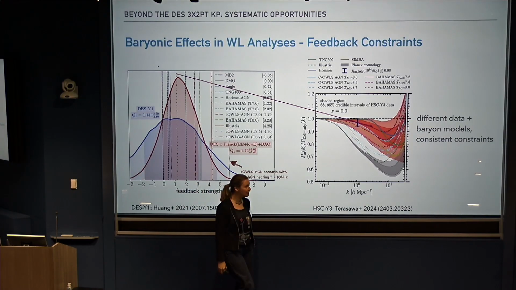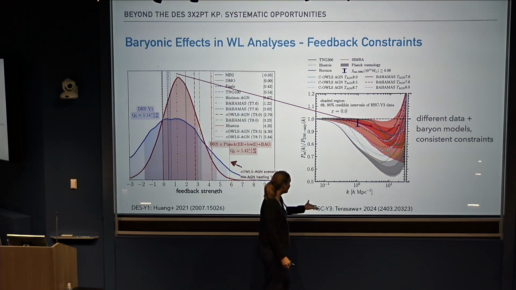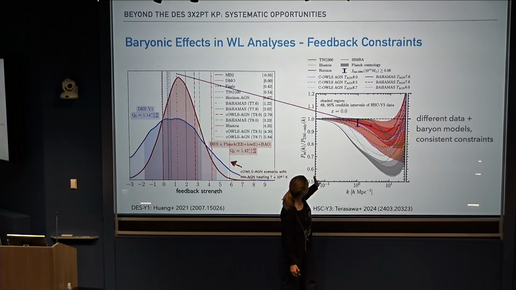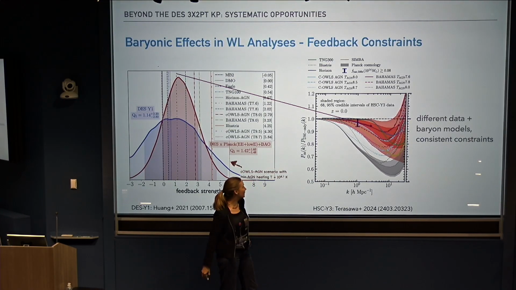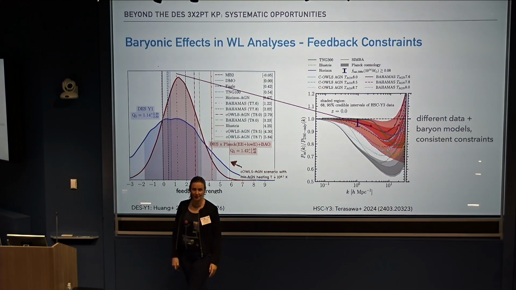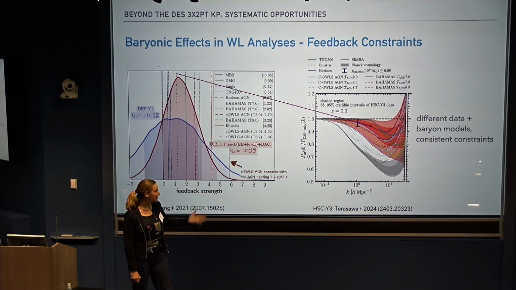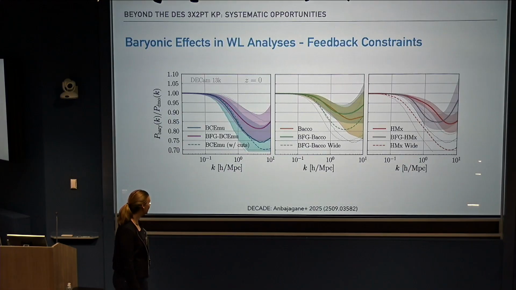This turns out to be quite consistent with findings from HSC in year 3. Again, power spectrum suppression, red are their constraints compared to a bunch of different hydrosimulations. So at this epoch, and with that amount of constraining power, different data and baryon models found consistent constraints from weak lensing alone.